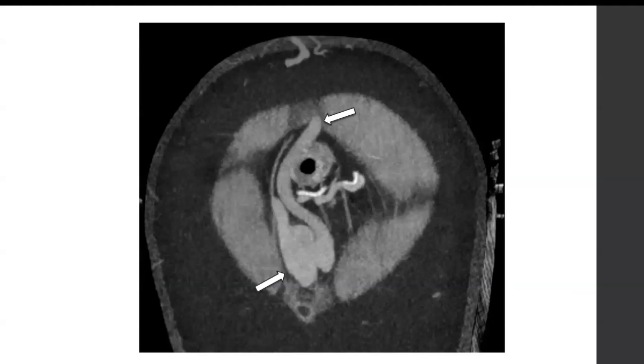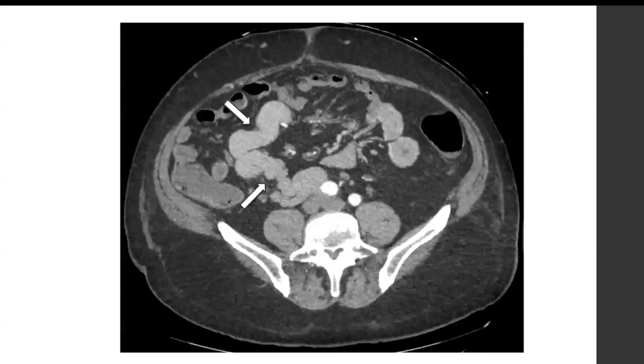So here, this is a recanalized umbilical vein. It's a strange picture, but it's a coronal view. These are the rectus abdominis muscles. This is the umbilicus right in the center. And there's this big tortuous vessel going around here that is a recanalized umbilical vein. This is one of several portosystemic shunts that we often treat. And here's another one.